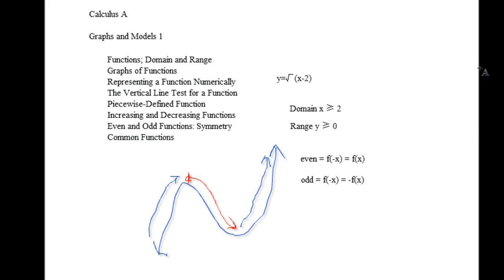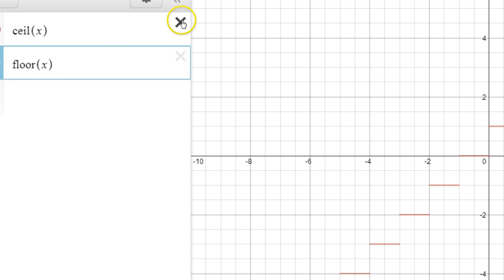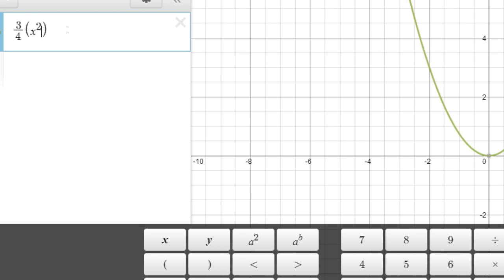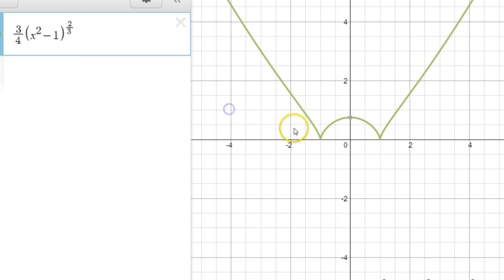You need to be able to look at graphs and tell me exactly what's going on. For example, if we go to Desmos and graph one of these, this is a funky looking one: 3/4 times the quantity x squared minus 1, all to the 2/3 power. You need to take a look at the graph and tell me why this hump appears.